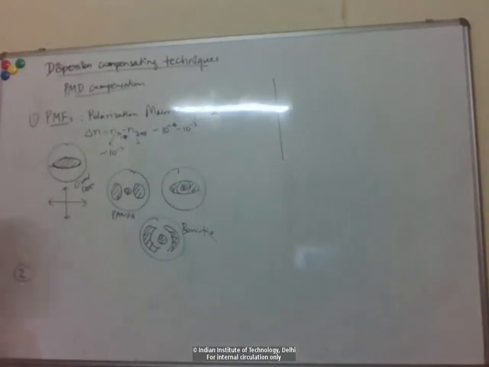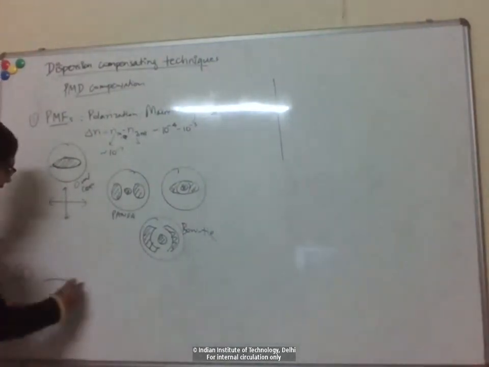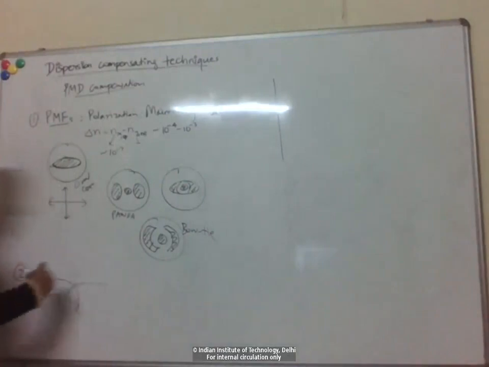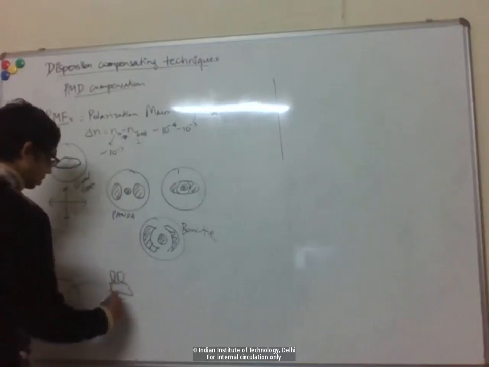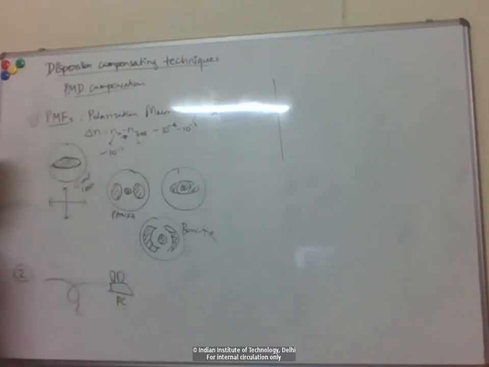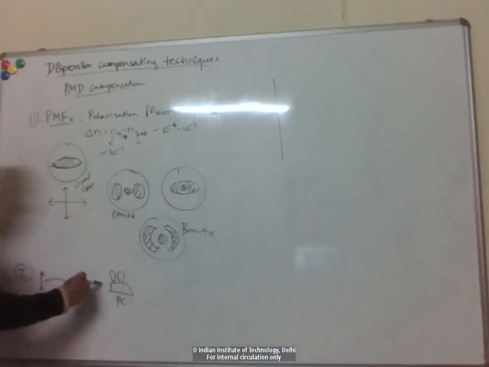Again, you can use either an optical technique or an electrical technique. In the optical technique, after your fiber link at the receiver, you have what is known as a polarization controller. If you launch some polarization here, we saw that due to this random birefringence, the polarization arriving at the receiver is some random, elliptical polarization, right?